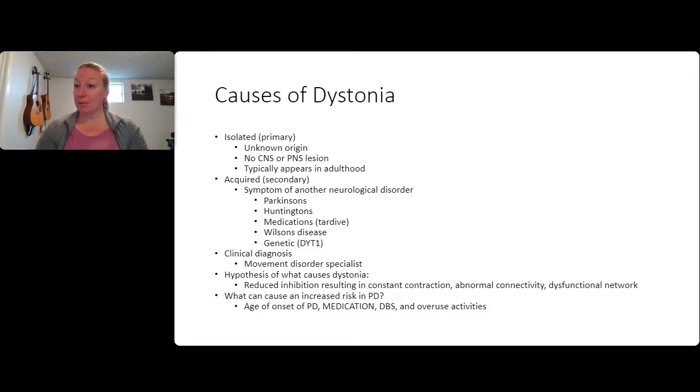And not every person with Parkinson's will get one of those motor symptoms or secondary diagnoses, but it is more likely with that diagnosis. We can also see cervical dystonias or other forms of dystonia in Huntington's, due to medication, and then we call that tardive dyskinesia, or some other genetic disorders that are more rare.